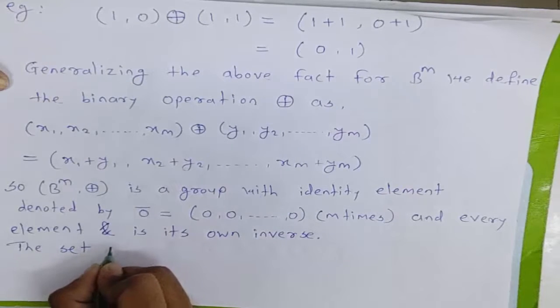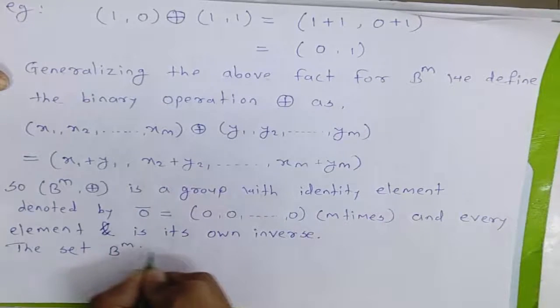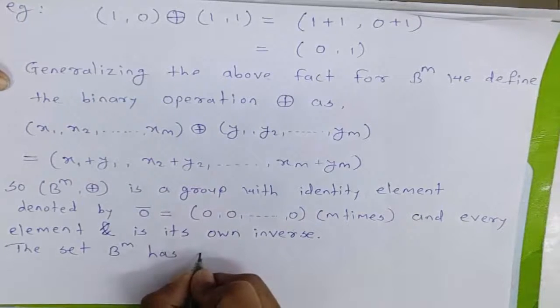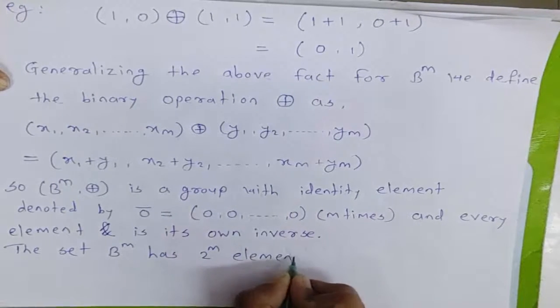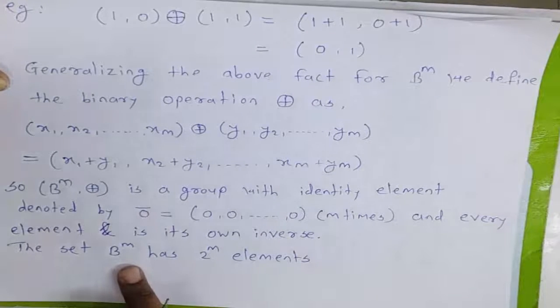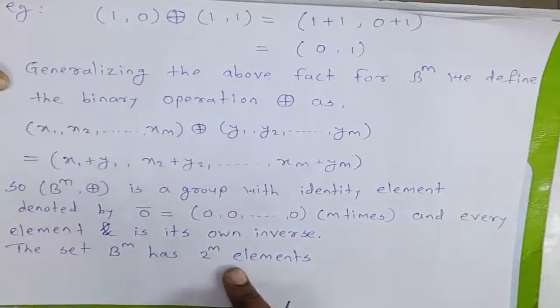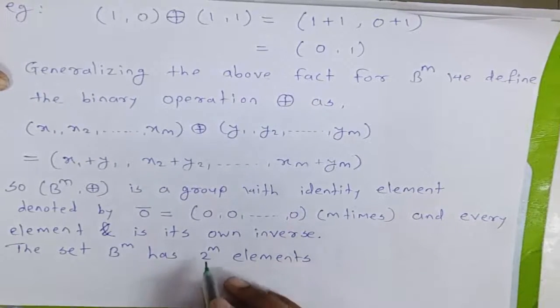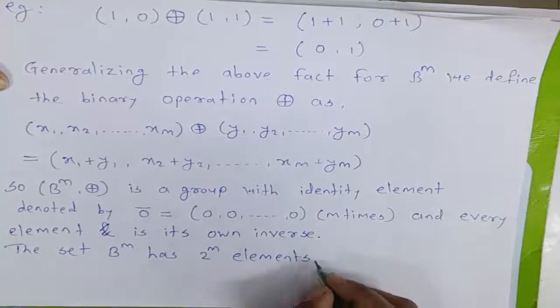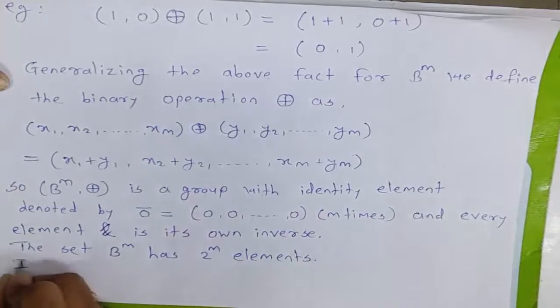Okay, so the set B raised to m has 2 raised to m elements. So in particular, if we take B square, then B square contains 2 raised to 2, that is 4 elements.